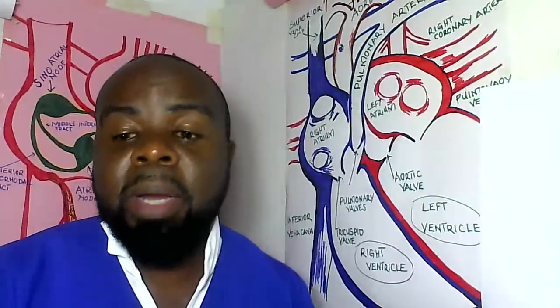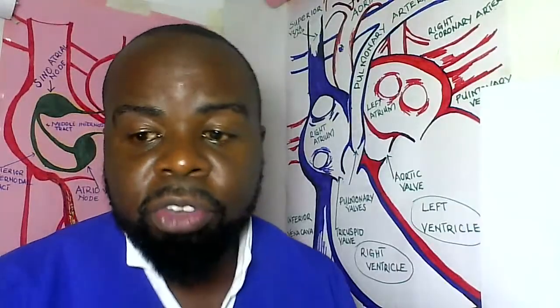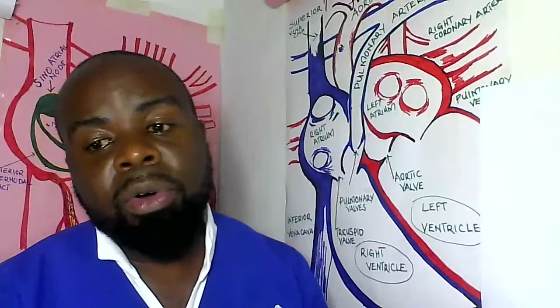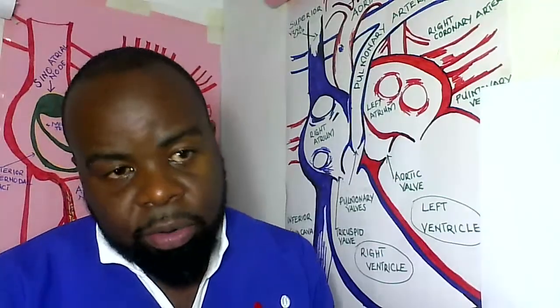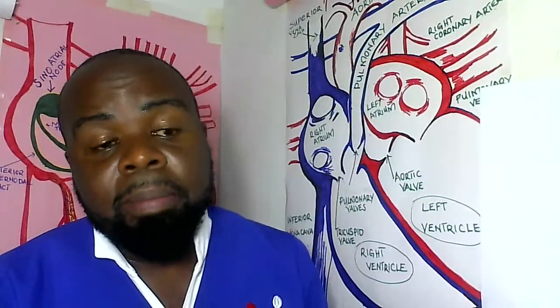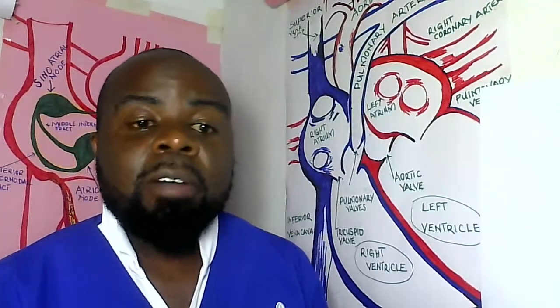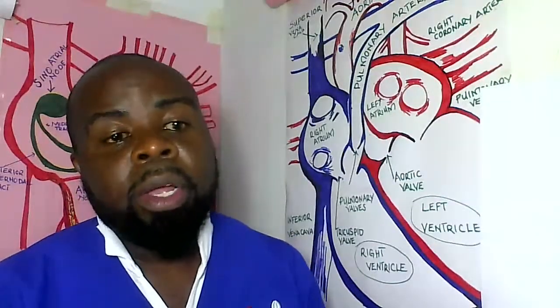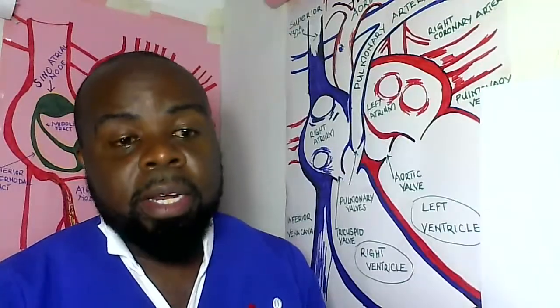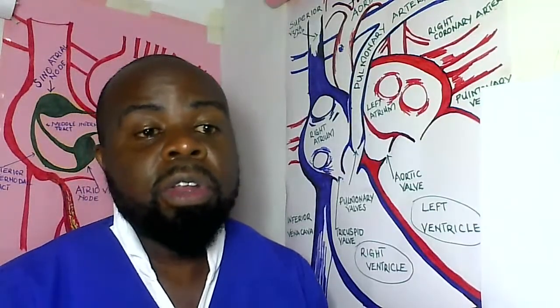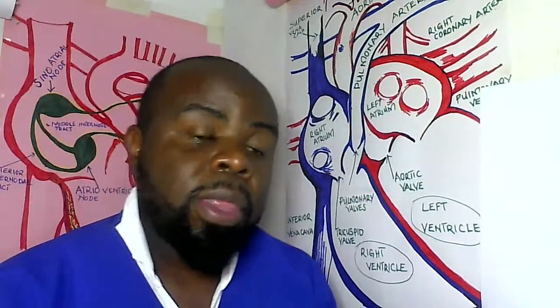And then we have maternal conditions like diabetes and alcohol. Sometimes when you are pregnant and some women are diabetic, it can cause some congenital problems. And then we have alcohol. When you are drinking and you are pregnant, it can cause a mutation during the formation of the baby.